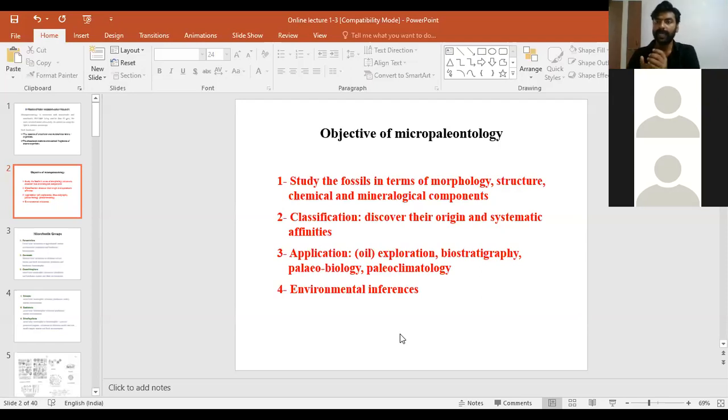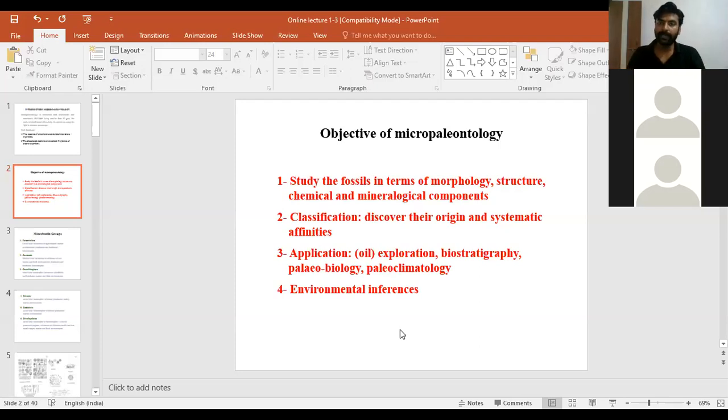So to understand the evolution and origin in micropaleontology, we typically don't go for the law of faunal succession. We go for ontogeny recapitulates phylogeny, or biostratigraphy, depending upon where the organism is occurring in the geological section. Then what is the application?